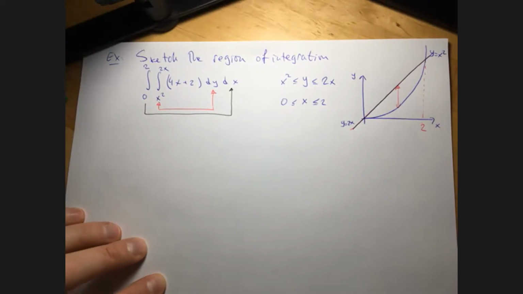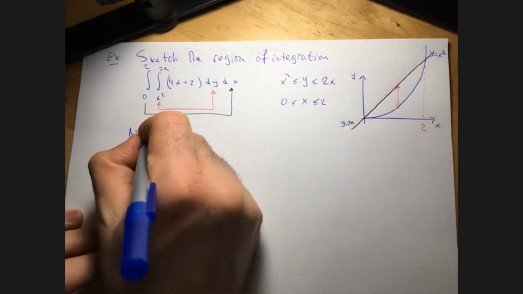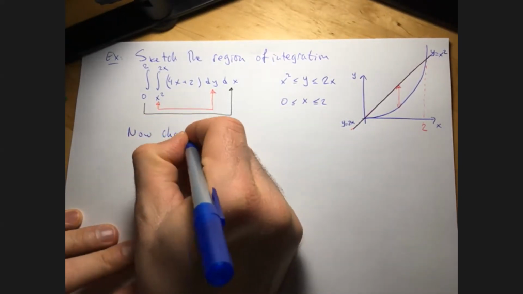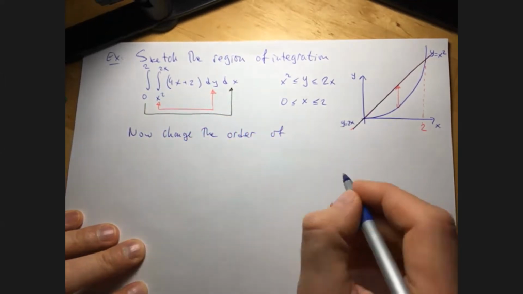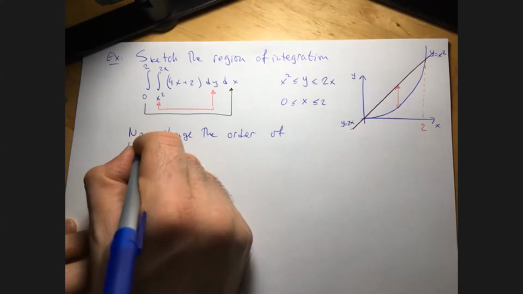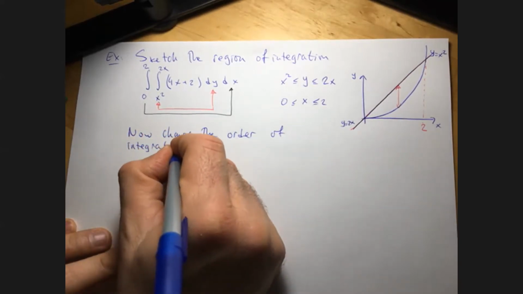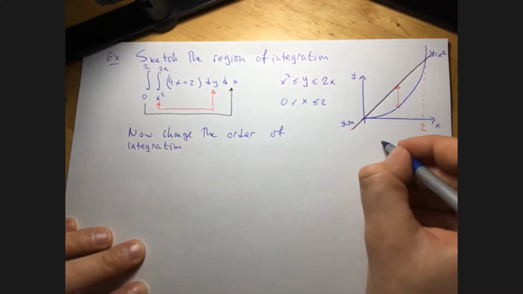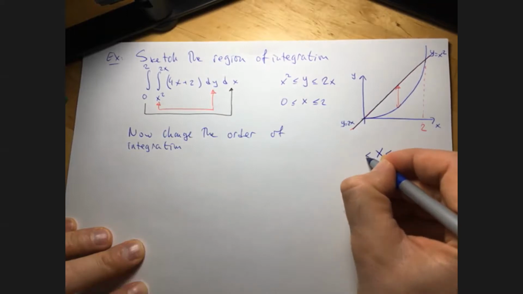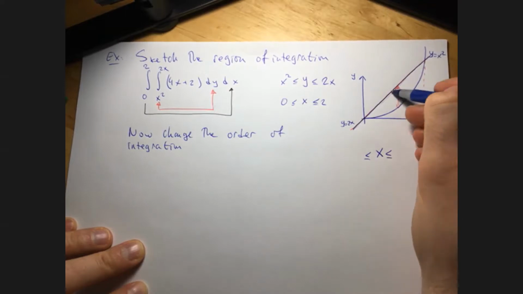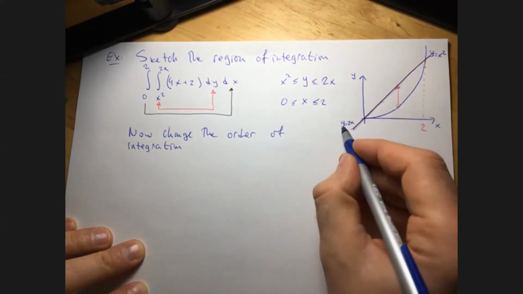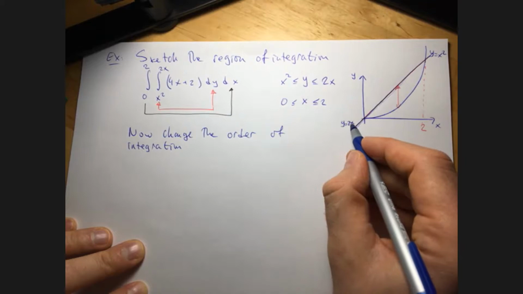If you want to change the order of integration, now x is going to be greater than the line. The line is expressed as y equal to 2x.